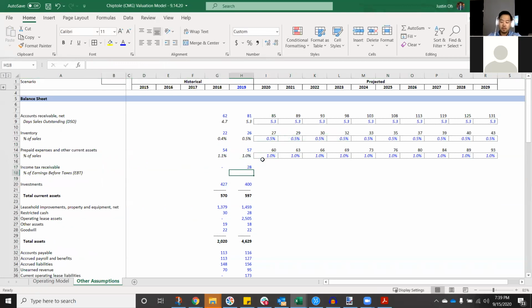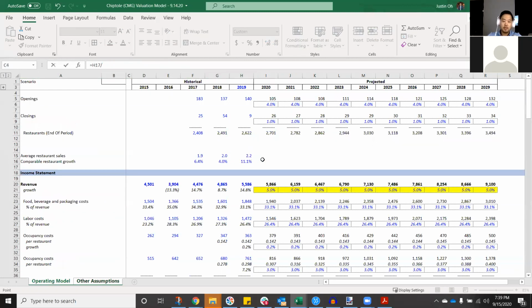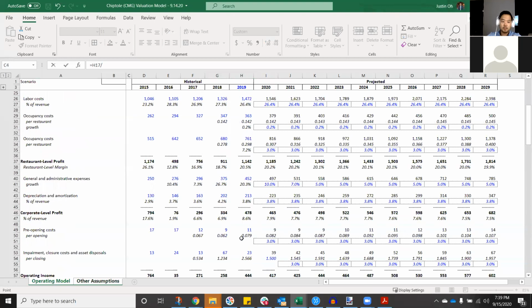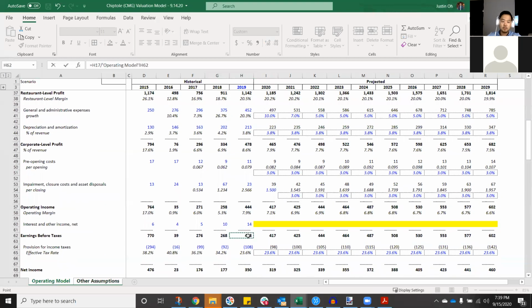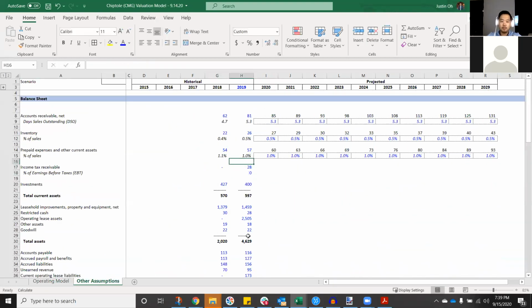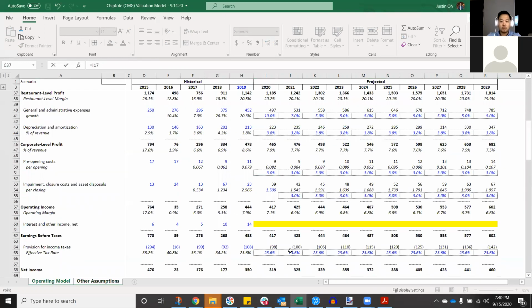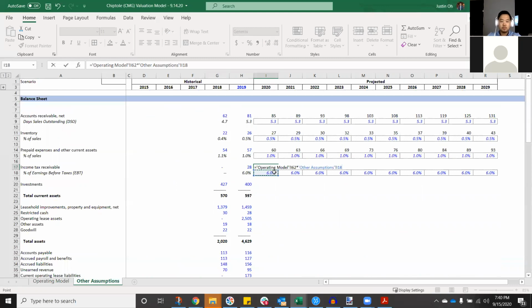So let's just go equals this divided by earnings before taxes. It's not really going to make a difference, but again, you want to tie your drivers to the closest thing that they're related to. And then just assume it's the same, equals earnings before taxes times that number.